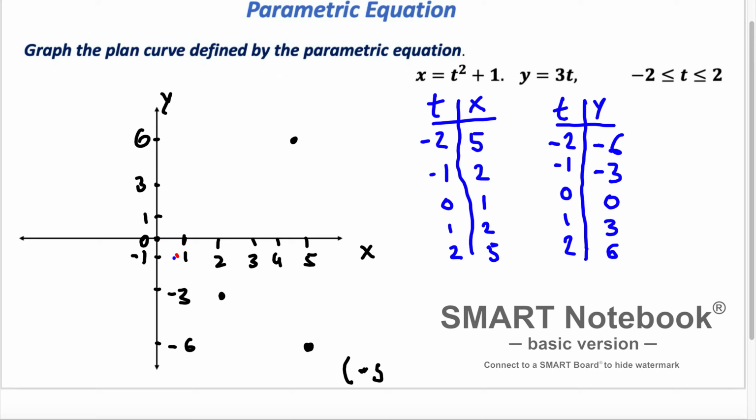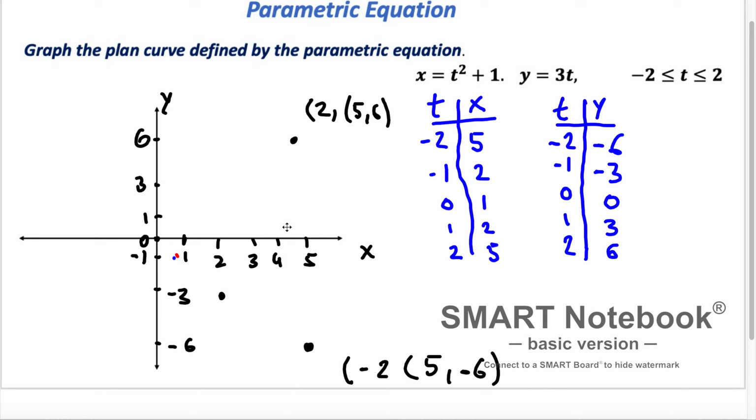So t was -2, and x was 5, and y was -6. This point here. If t here was 2, x was 5 and y is 6.